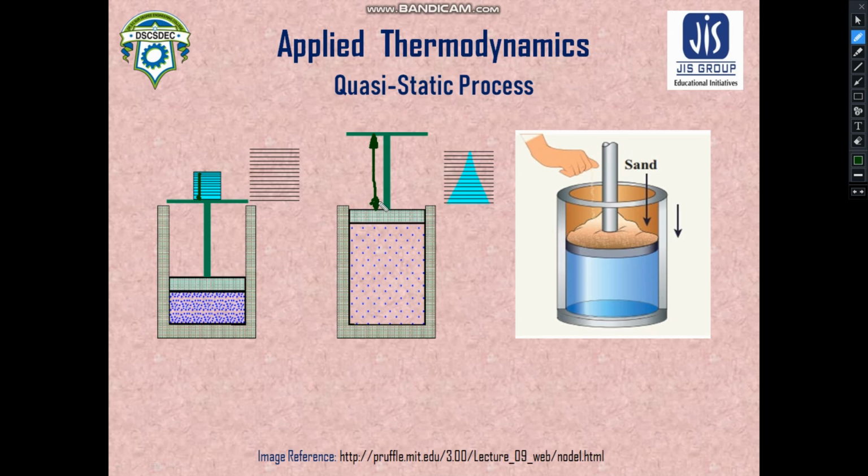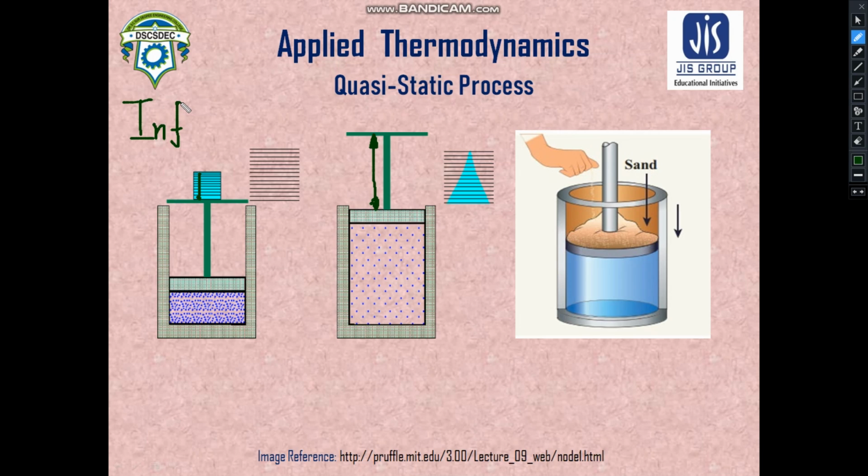Finally we will observe the same change, but the time required for this change will be much more. Now, if this weight is divided into an infinite number of equal weights, then the time required for the whole movement of this piston will be infinite. So we have to understand that when there is an infinitesimally small gradient present between the system and the surroundings, the changes are slow.